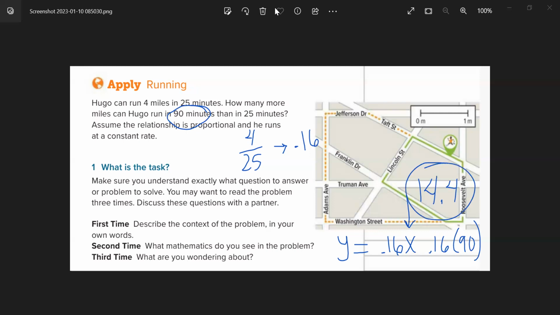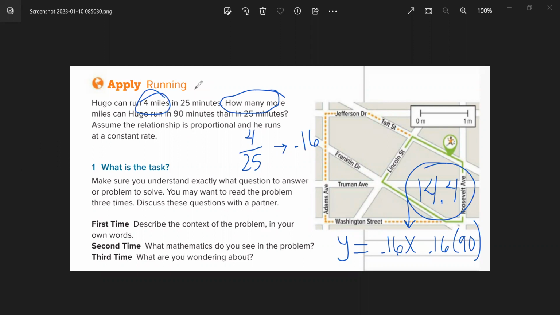But we go back to the question, and the question says, how many more miles can Hugo run in 90 minutes than in 25? How many more? So we already know that in 25 minutes, he runs 4 miles.